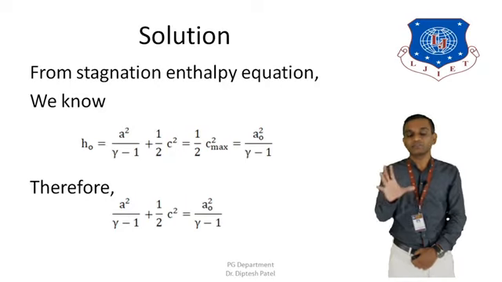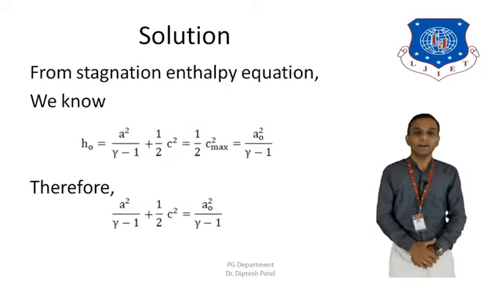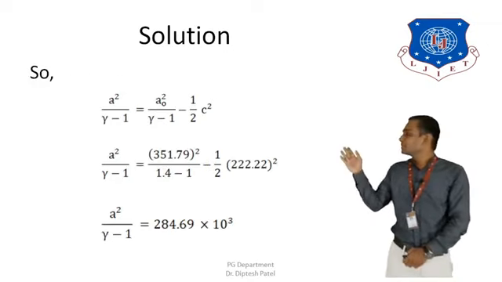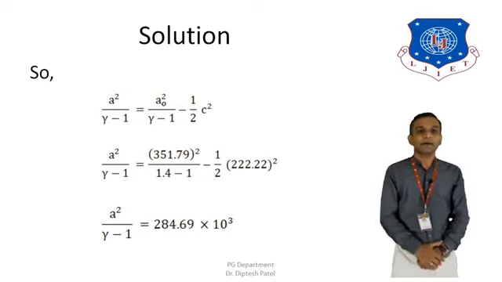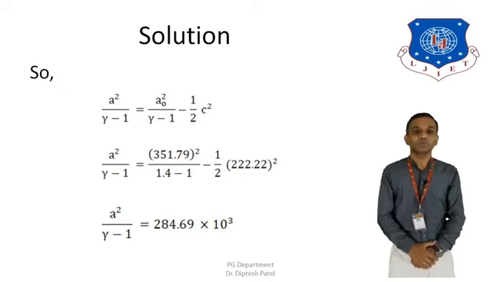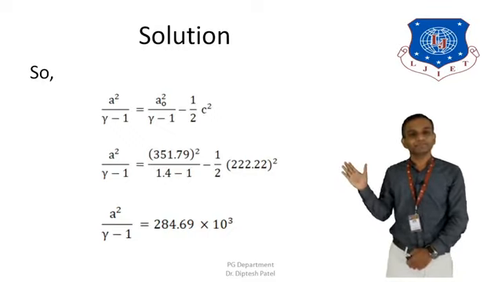So I should be able to write down a square upon gamma minus 1 plus 1 divided by 2 C square, which is equal to a0 square divided by gamma minus 1. So a square upon gamma minus 1 is equal to a0 square divided by gamma minus 1 minus 1 divided by 2 C square.